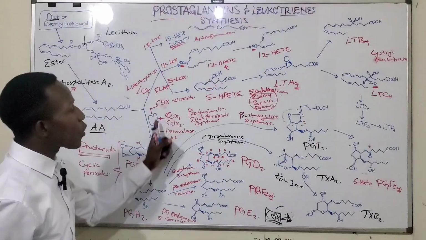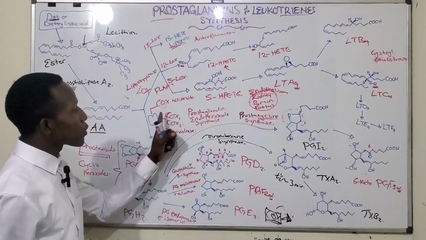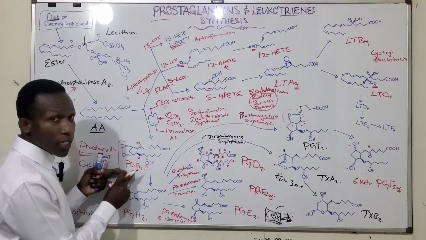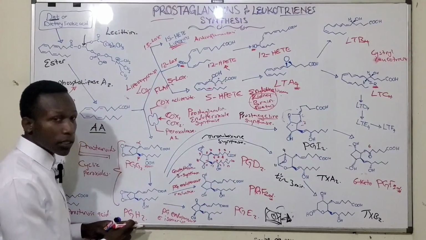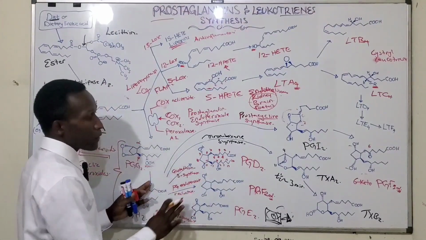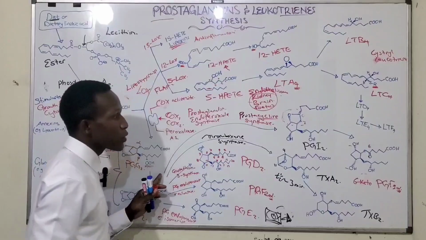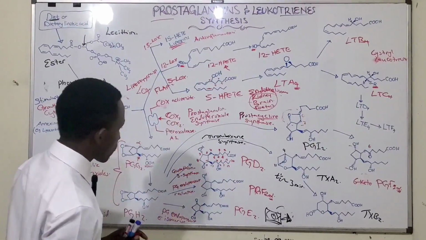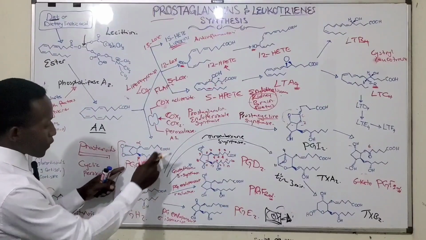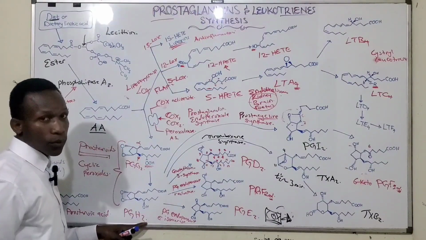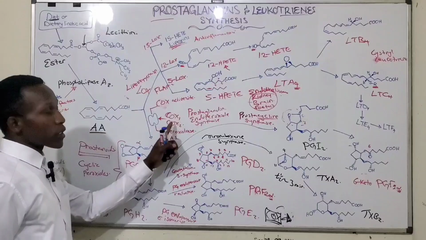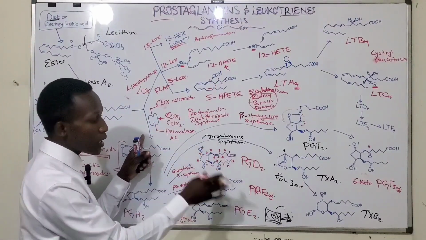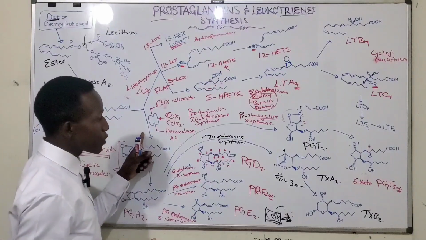Now, we say that COX-1 or COX-2, both of them can convert prostaglandin G2 to prostaglandin H2, but further prostaglandins are produced due to different enzymes present in different tissues. For example, after the production of prostaglandin H2, these COX are present in all tissues, but these other enzymes are specific for different tissues.